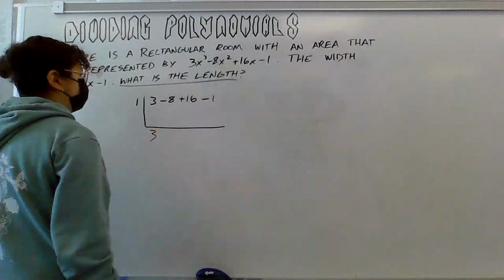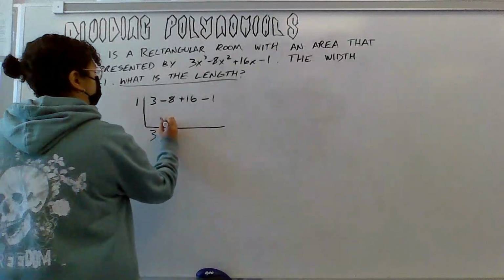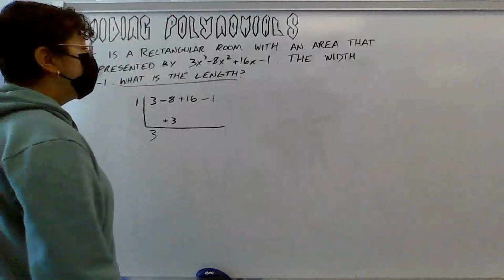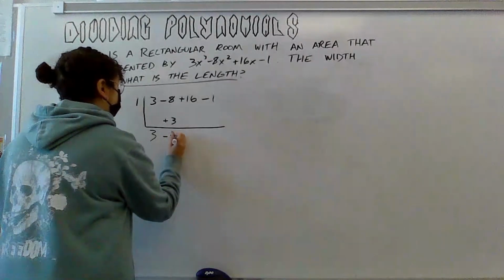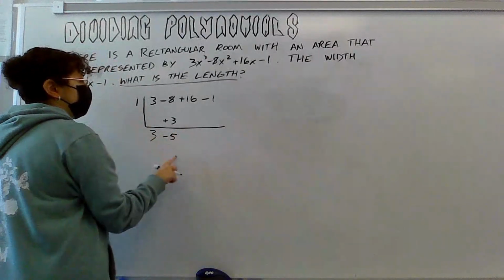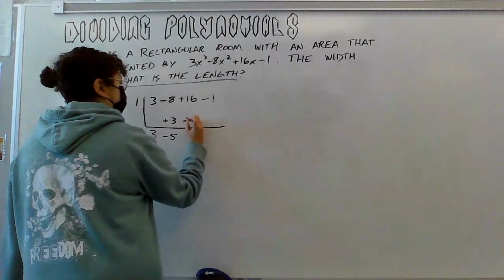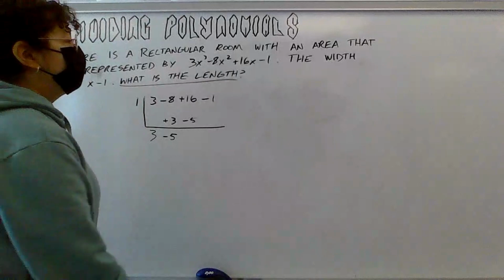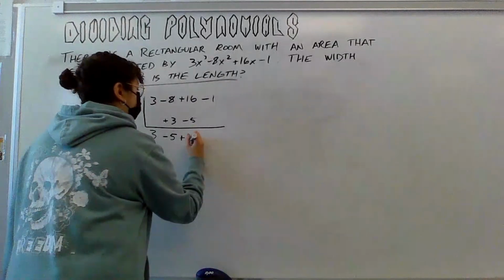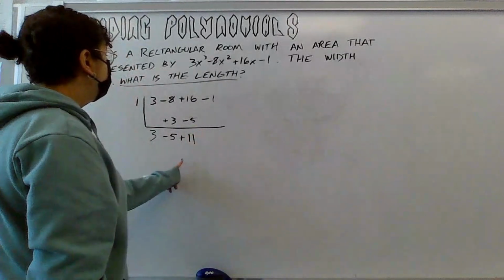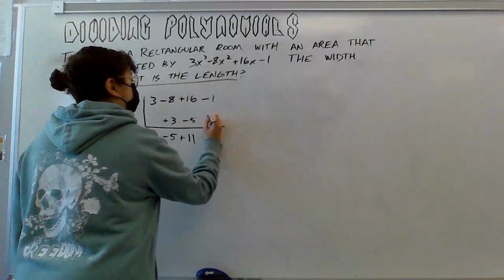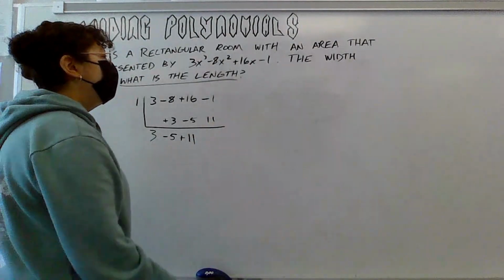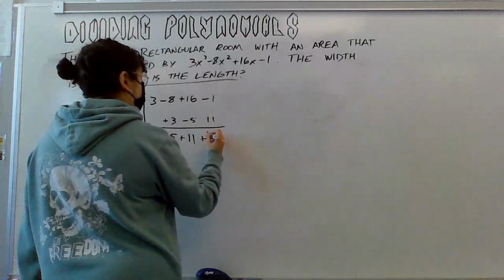The 3 drops down here. 3 times 1 is 3. Negative 8 plus 3 is negative 5. Multiply, it's negative 5 again. 16 minus 5 is positive 11. 11 times 1 is just 11. So negative 1 plus 11 is 10.